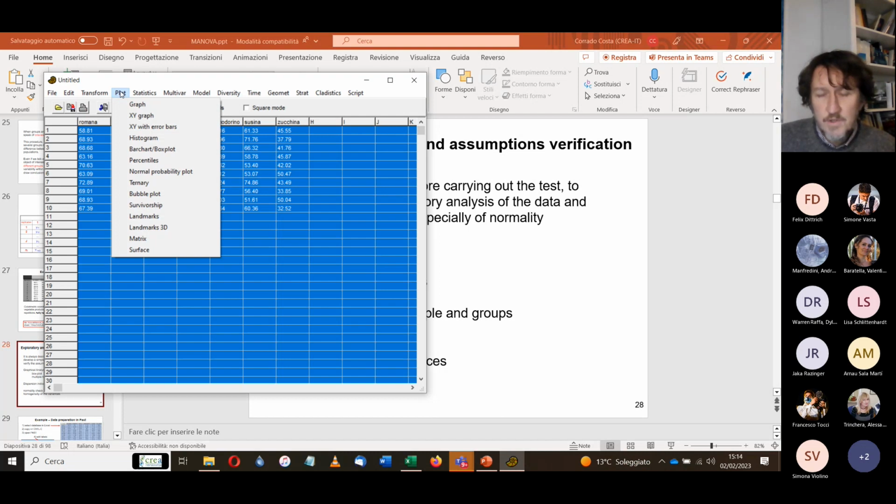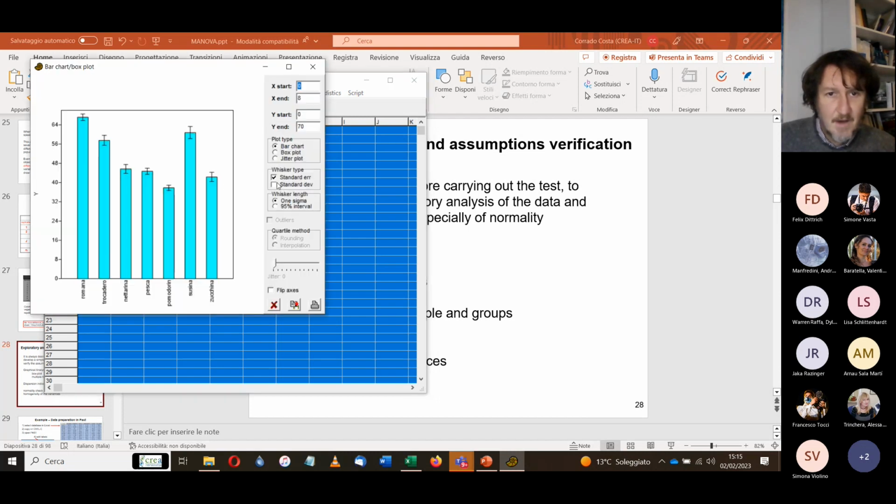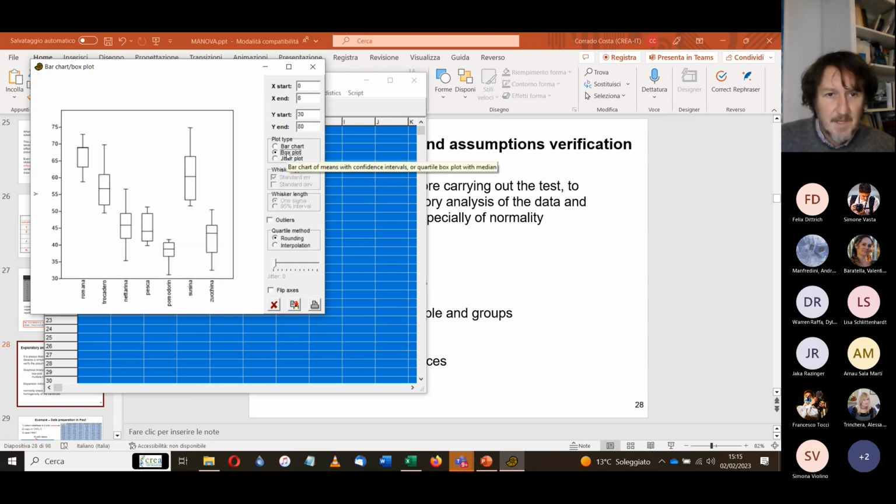It is possible also in Excel from one year. So we can apply bar chart, box plot. The box plot is now present also in Excel. So box plot here, and we can observe the distribution.